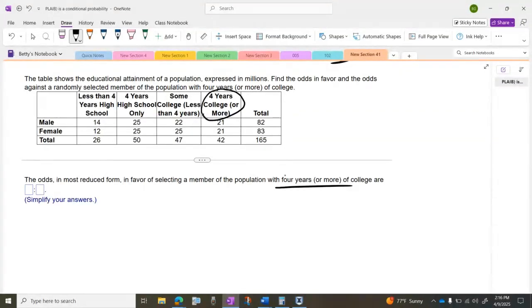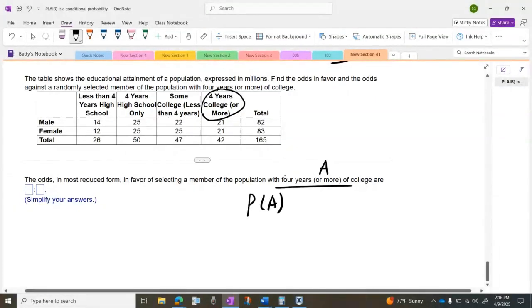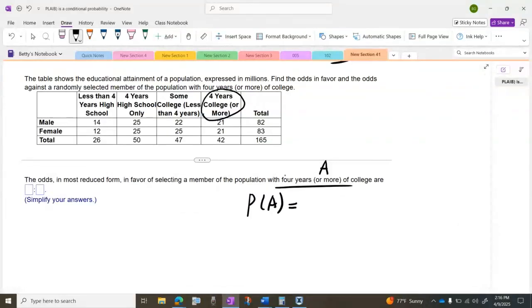Okay, right here. Let's use A to represent that event. P of A, randomly selecting a person who happens to have a 4 year or more college education, is going to be 42 over 165.